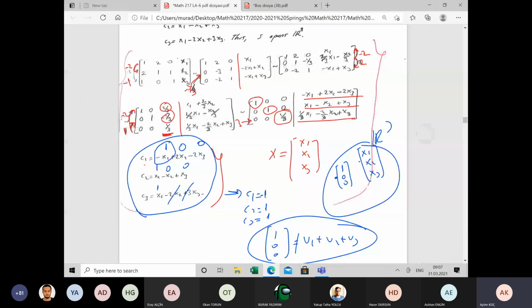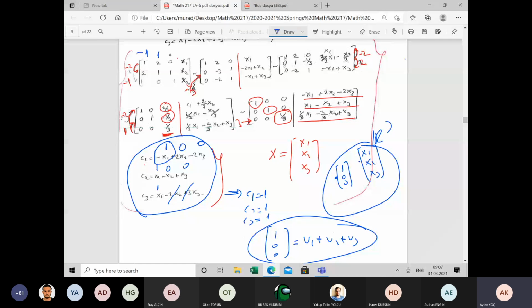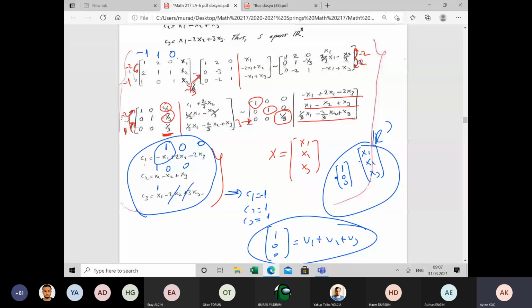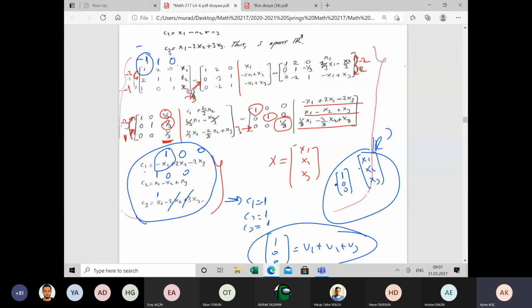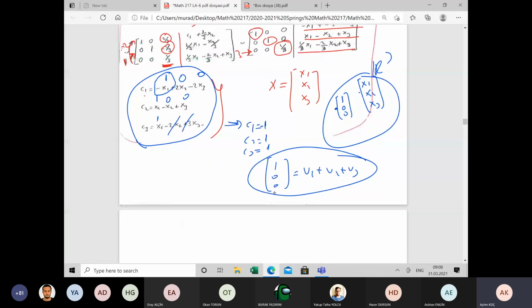Right here, minus 1, C1, 1, 0. So we obtain minus 1, 1, 2, 0. So we obtain 1, x1.